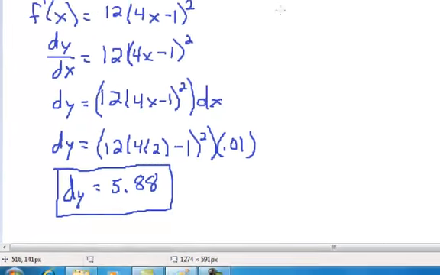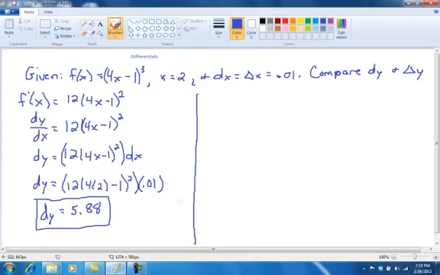And then it says to compare that to delta y. Delta y is a formula that we talked about in class. It's the change in y. So we plug in our function, right? 4x minus 1 cubed.